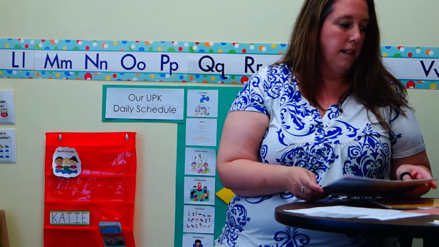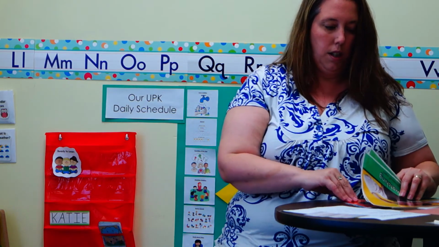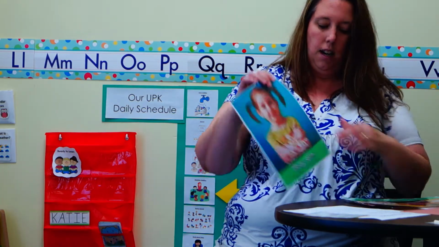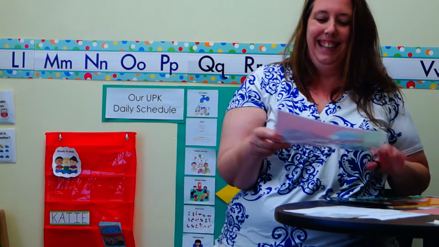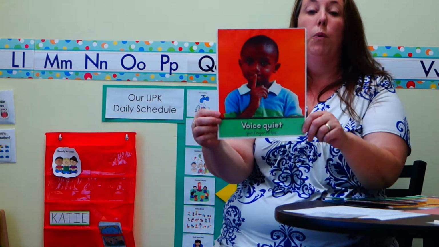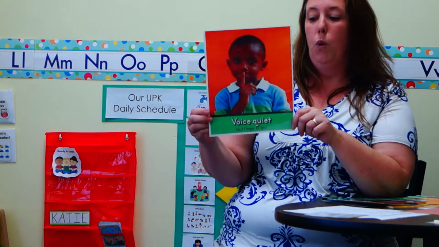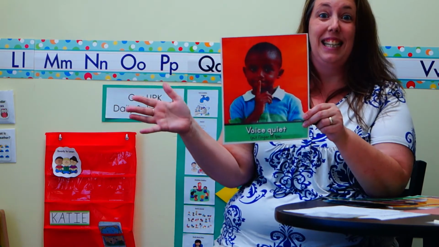All right, friends. So today we're going to talk about one of the rules, and it is, no, that is the wrong one. Let's try again, friends. Voices are quiet. When we're on a playground or when we're outside, we can use really loud voices.